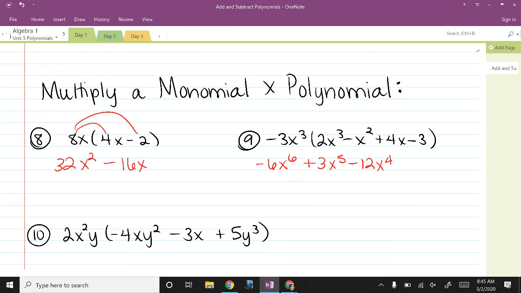Positive 9. And then just keep it x to the third. So if you don't have variables on both of them, you just keep the one you got. And this is in simplest form because all of these are different exponents and they go greatest to least.